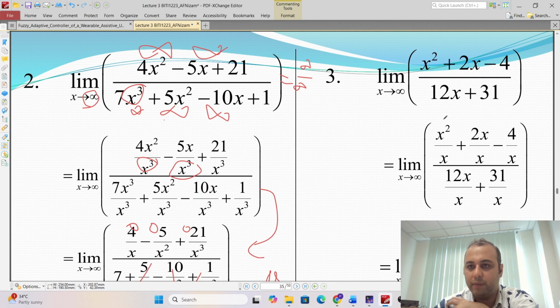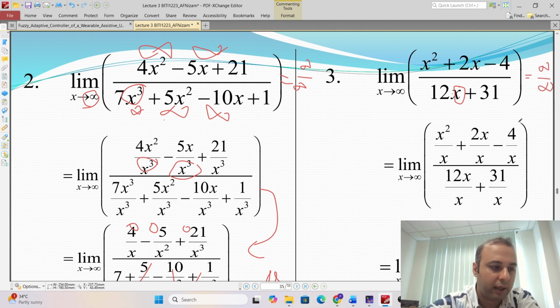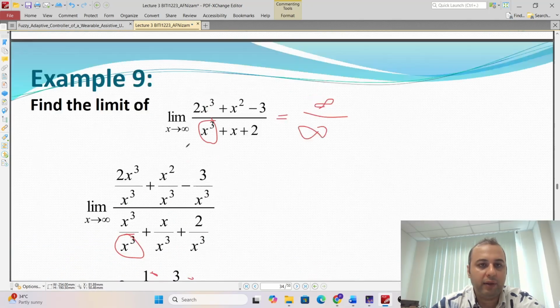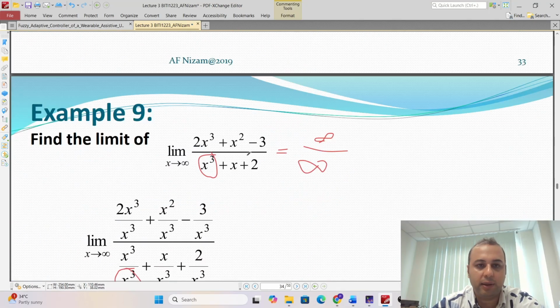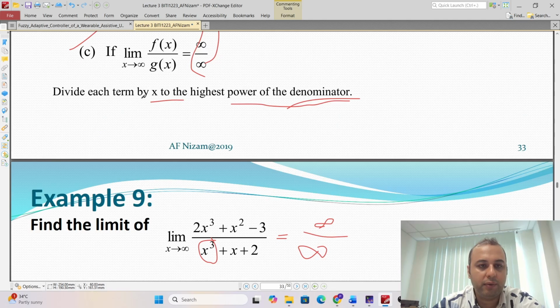Another example. What is the highest power? Oh, okay. First simply substitute. Will be this condition: infinity over infinity. So we have infinity over infinity. Condition number 3. What do we have to do?